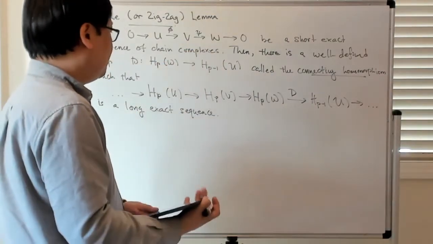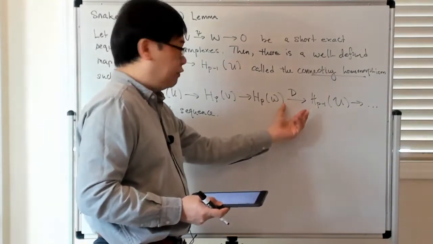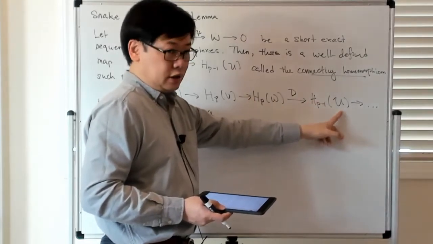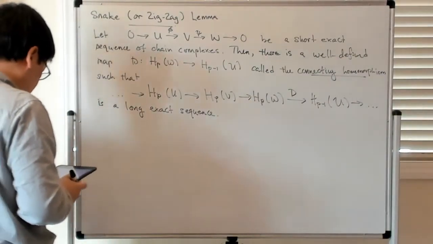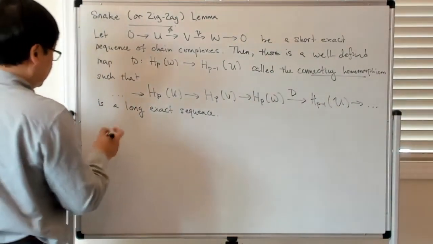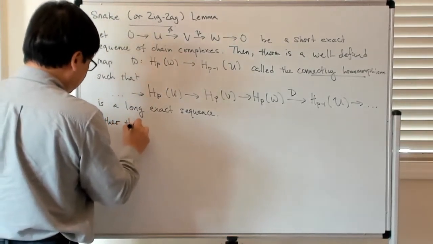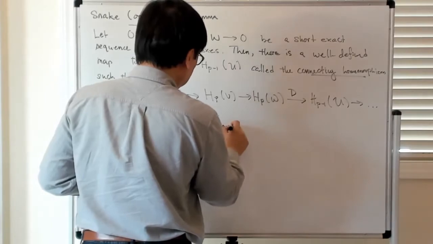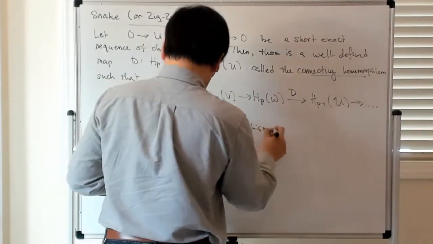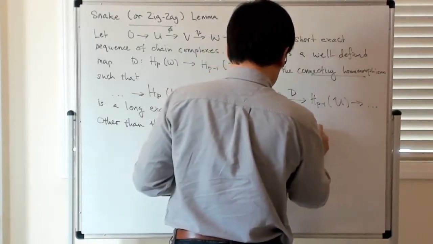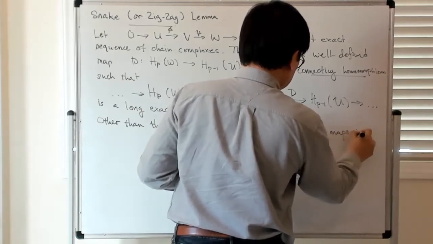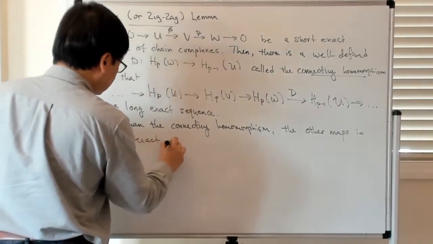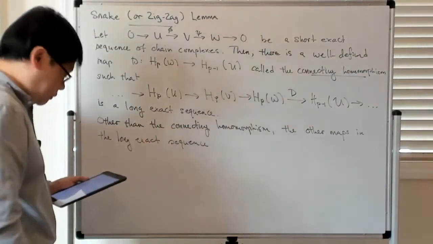So the only part which is missing in this construction is this connecting homomorphism between the p-dimensional homology of W and the (p-1) homology of U. The point is that other than the connecting homomorphism, the other maps in this long exact sequence are induced by the chain maps.